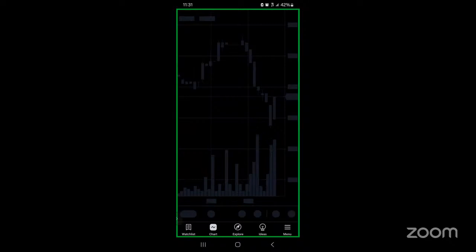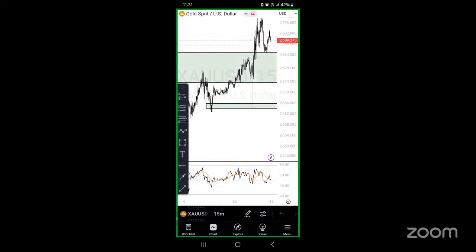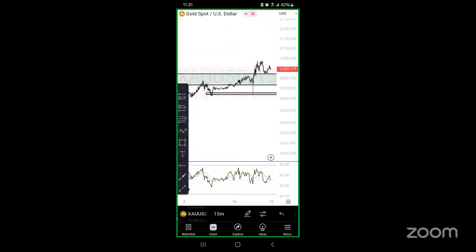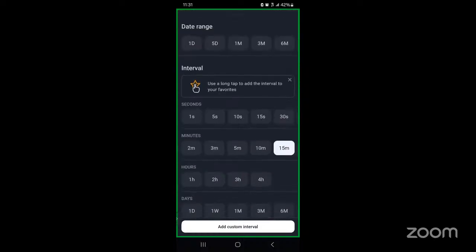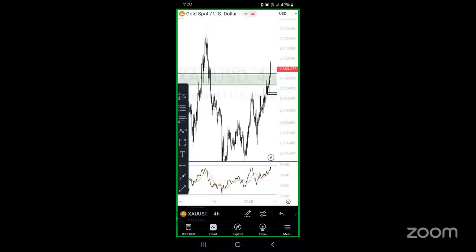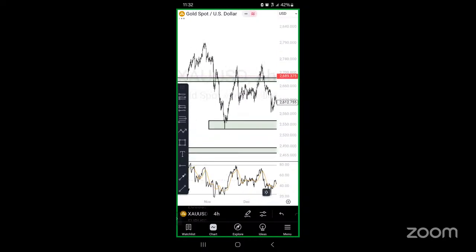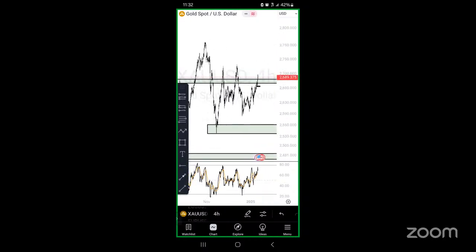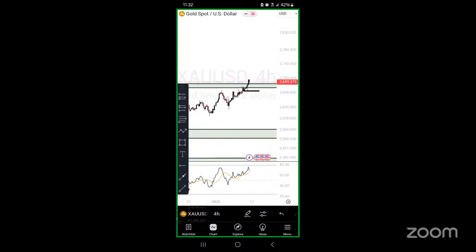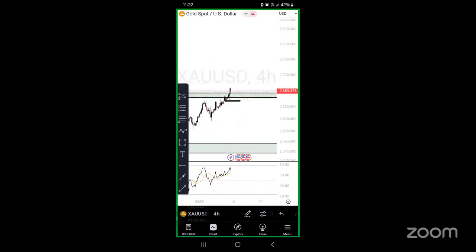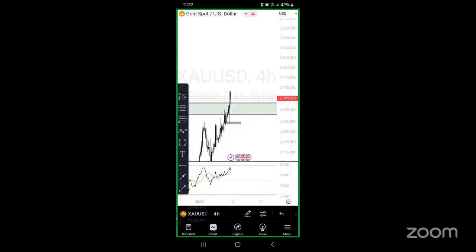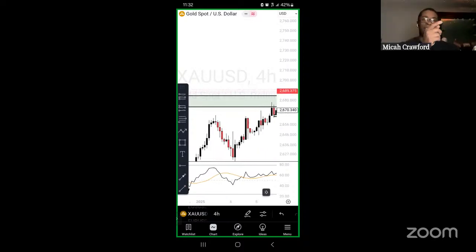Now it's a few markups that I didn't get. Hold on, let's go to the 4 hour. You're not that deep into it. But I see that area right there.